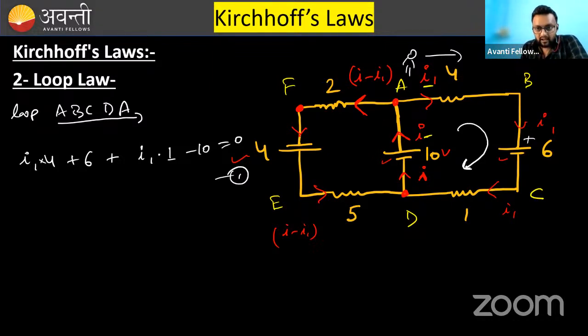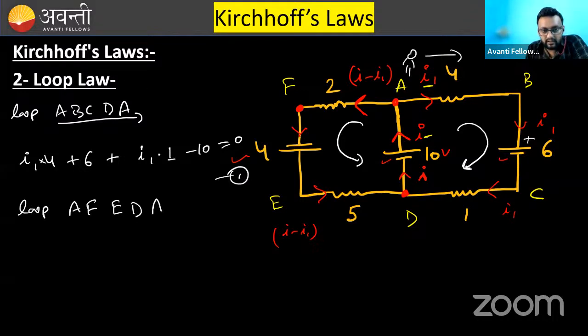On this side, if you solve, can you tell me the name of the loop? Loop name is A, F, E, D, A. You are moving in this direction. A, F, E, D, A. Again, can you write?